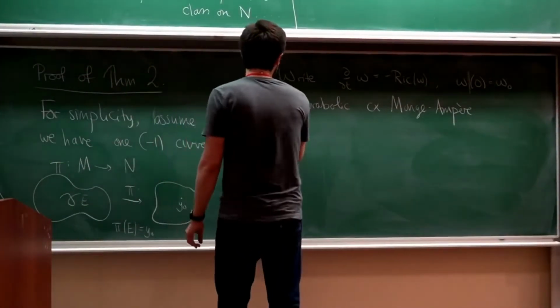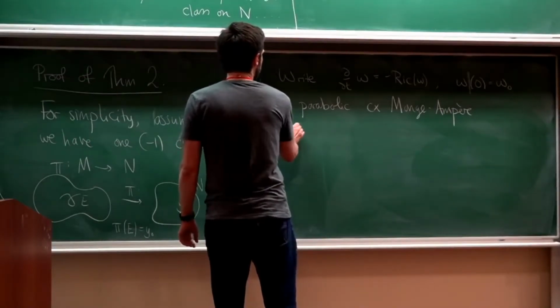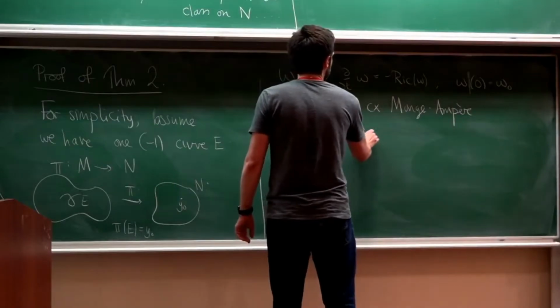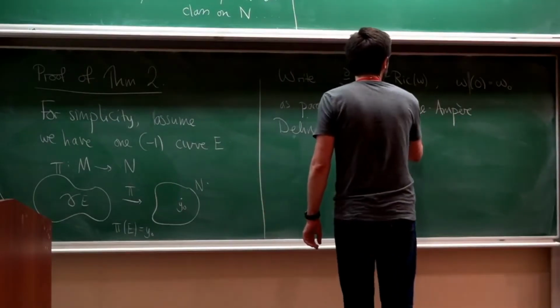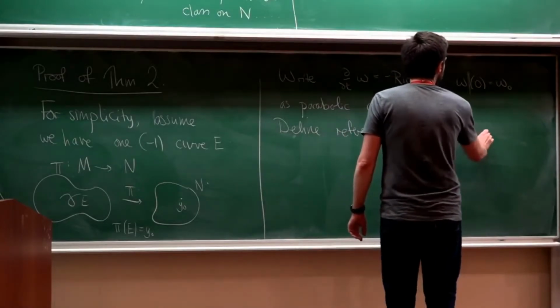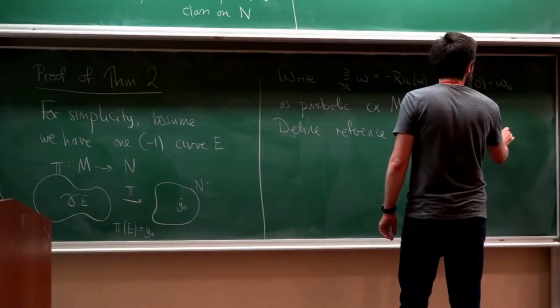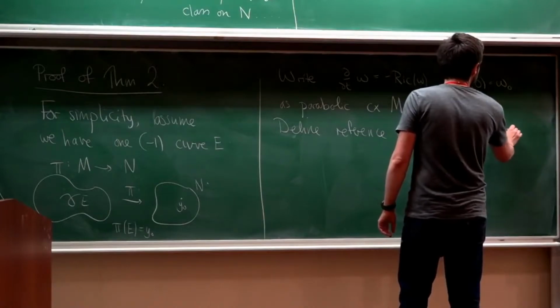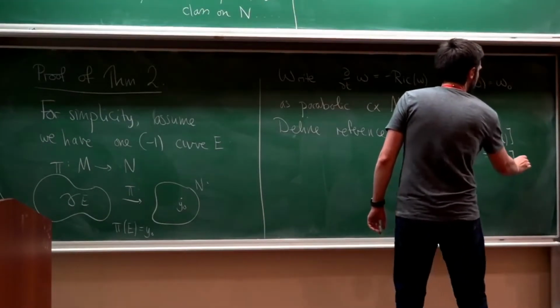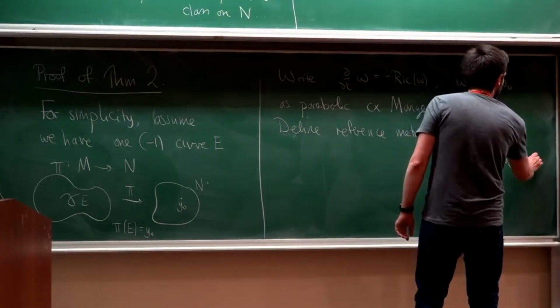To do that, I want to define a reference Kähler metric, omega hat t, which is going to live in the same cohomology class as omega t, which is, by definition, omega naught plus t of C1 of K_M.